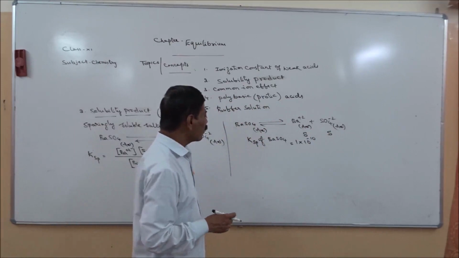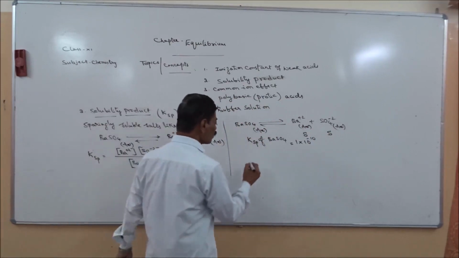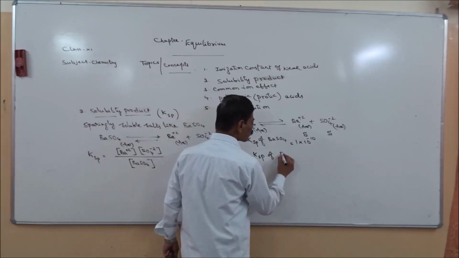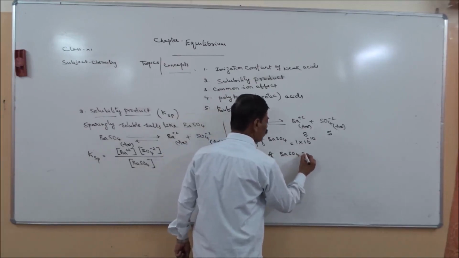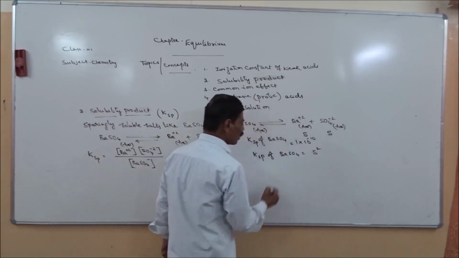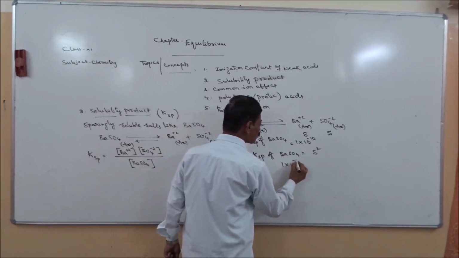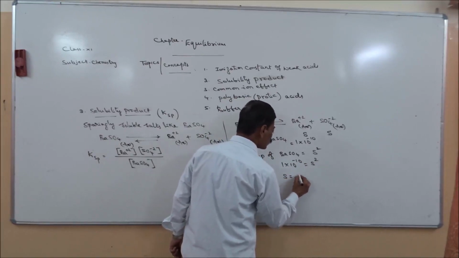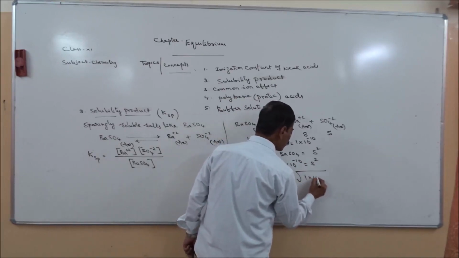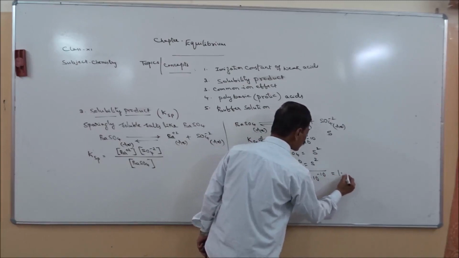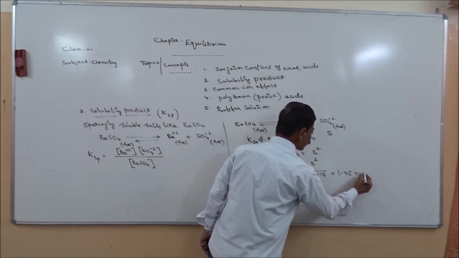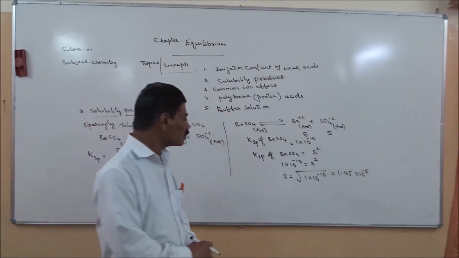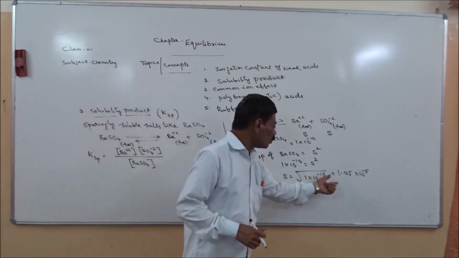Now, Ksp is equal to barium sulfate is equal to S square. That means 1 into 10 raised to minus 10 is equal to S square. Or S is equal to square root of 1 into 10 raised to minus 10. This is equal to 1.05 into 10 raised to 5. Right? This value we will get.